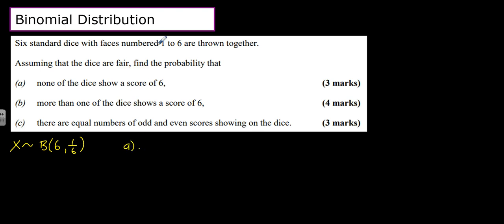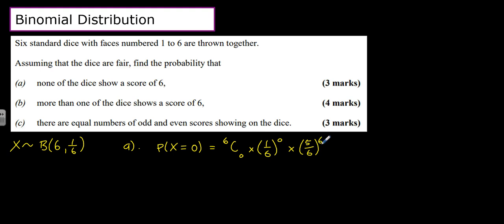So now that we've translated the exam question into maths, we say, what is the probability that x equals 0? And that's the probability that none of the dice show a score of 6. So in order to do that, we have 6c0 multiplied by 1/6 to the power of 0 multiplied by 5/6 to the power of 6.